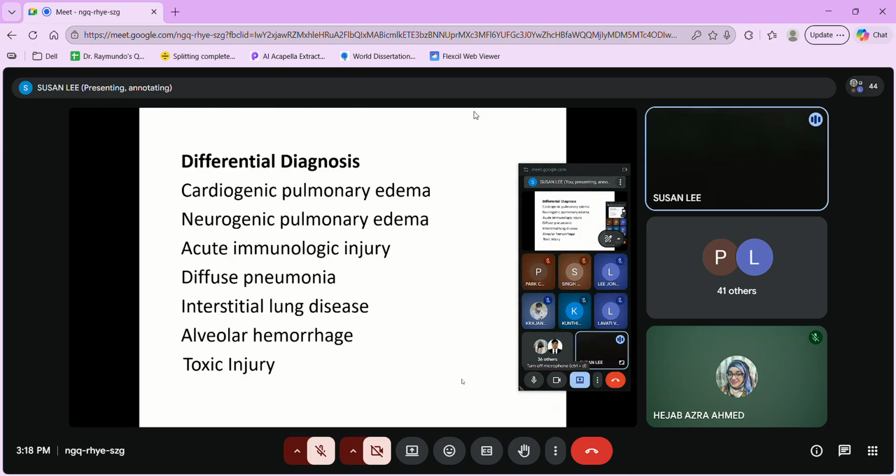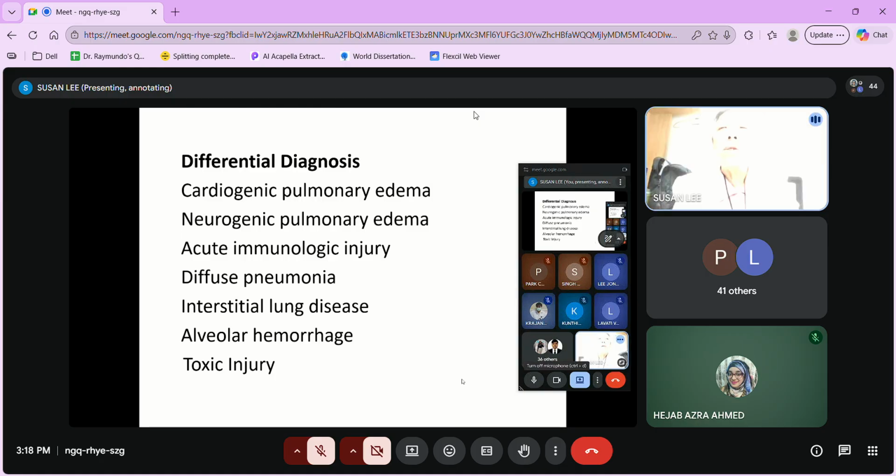Okay, so when we see patients with ARDS, obviously the first differential diagnosis that we usually have would be cardiogenic pulmonary edema. But of course, one criterion for ARDS is that your patient should have a normal cardiac function.